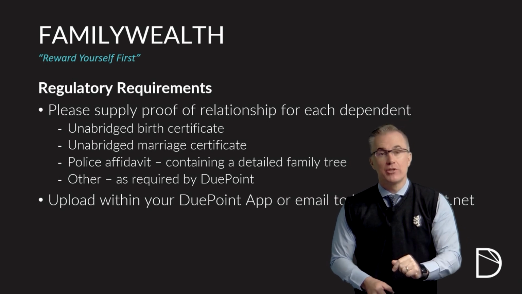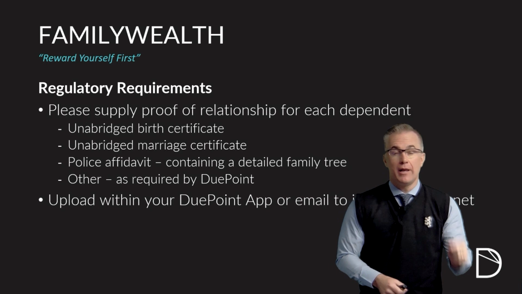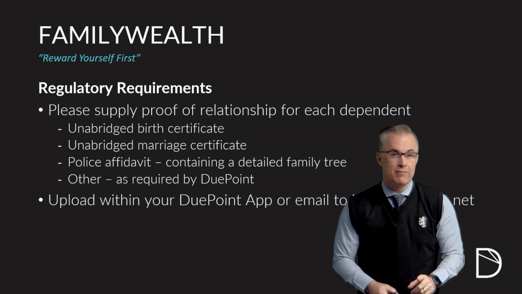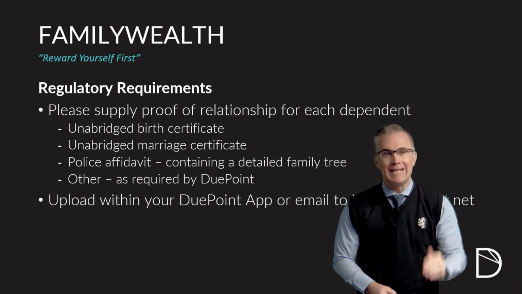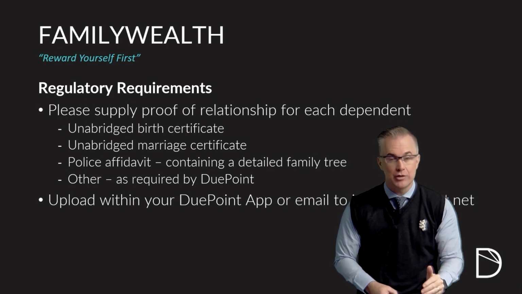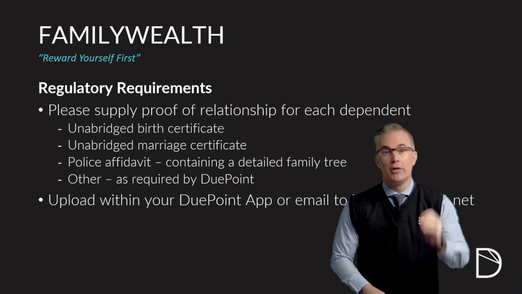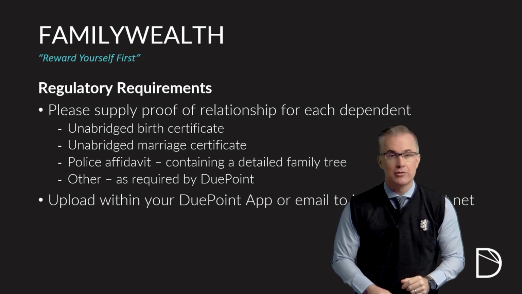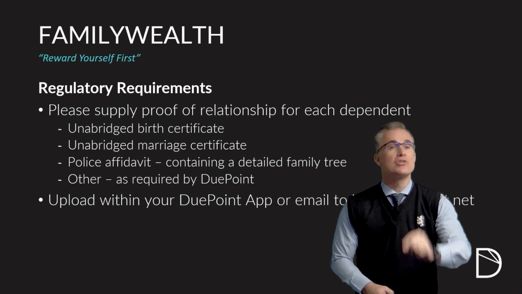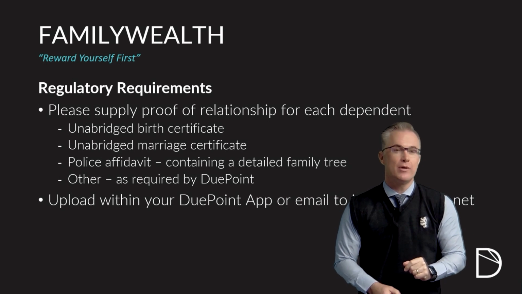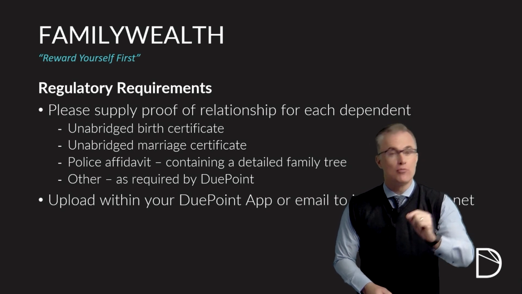Either an unabridged marriage certificate, an unabridged birth certificate, or both, or a police affidavit where you have included a detailed family tree demonstrating your relationship to that individual. Remember, only blood relatives can be added to the policy. So you cannot put just anyone on your policy. You need to demonstrate to the insurer that this individual is a blood relative of yours.